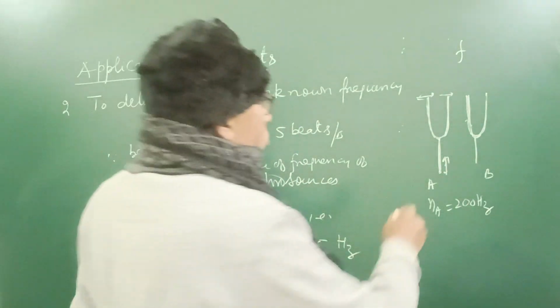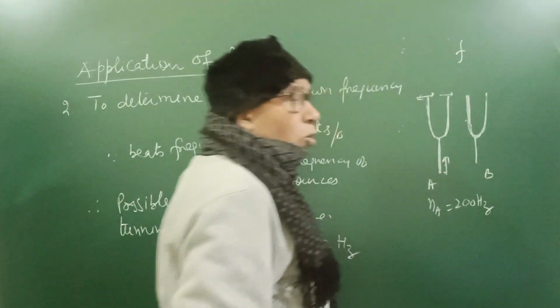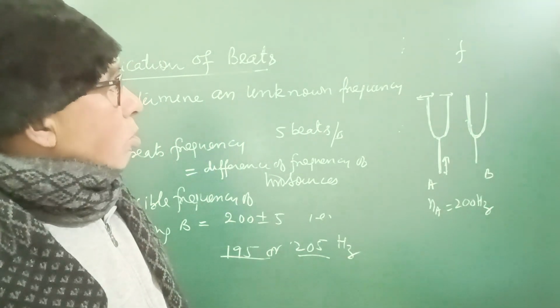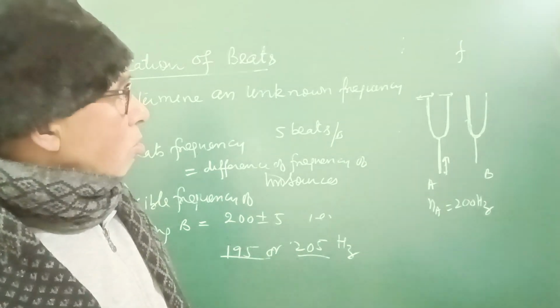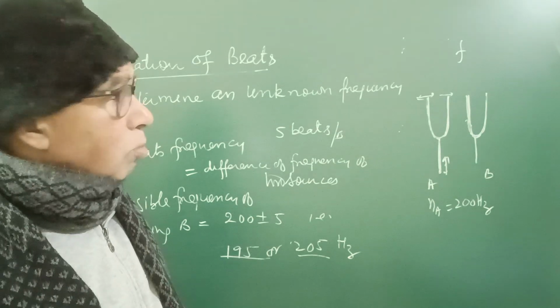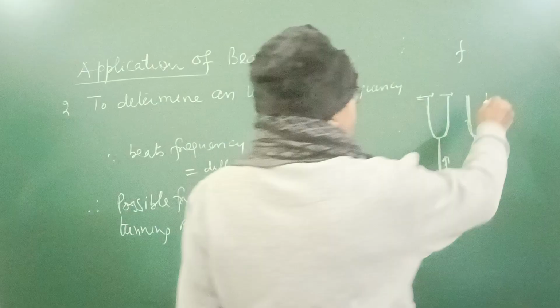I told you that the frequency of a tuning fork is inversely proportional to mass per unit length. So there are two methods to change the mass of a tuning fork. One is by filing.